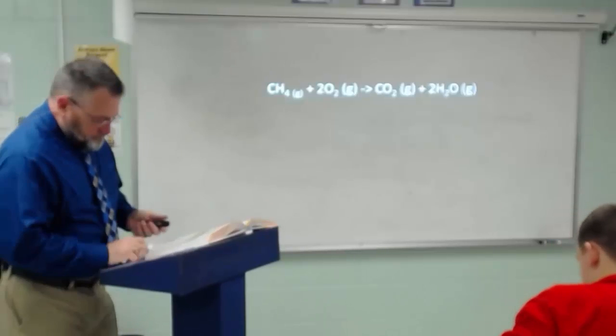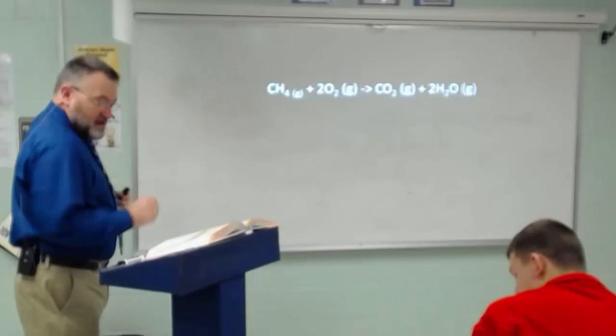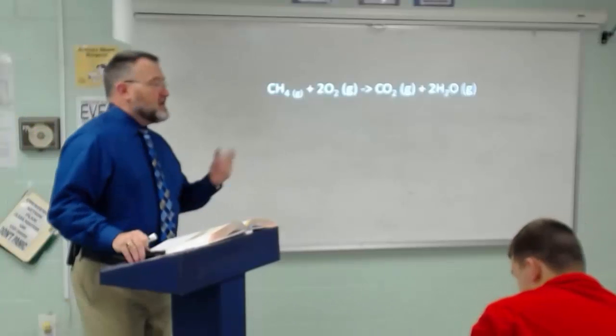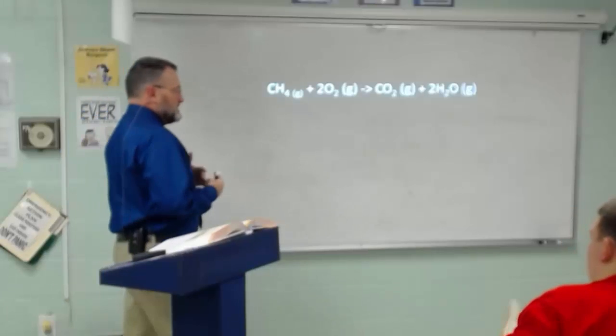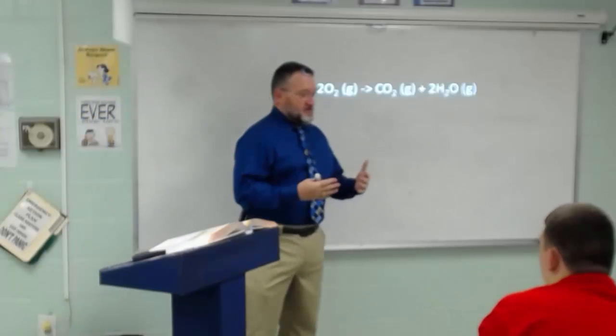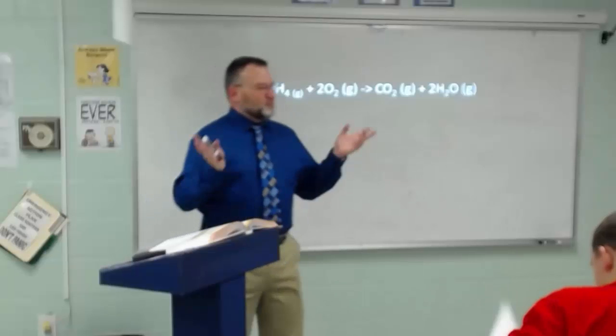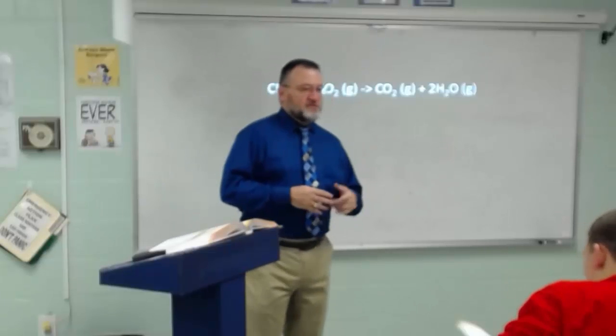Now, I'll ask a question. First of all, is this equation balanced? Because one of the things we're going to have to remember is we're going to talk about some principles and some relationships, but the relationships only work if the equation, first of all, is valid.